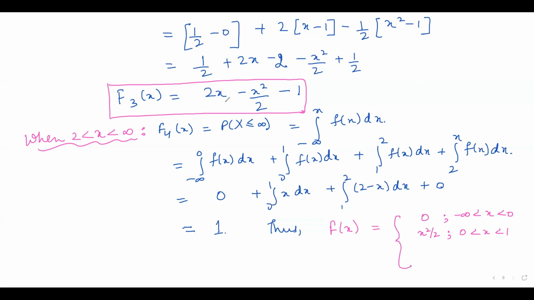Then f3x is this, so 2x minus x square on 2 minus 1. And lastly, we have 1 from 2 to infinity. So this is how we can solve the question related to CDF.